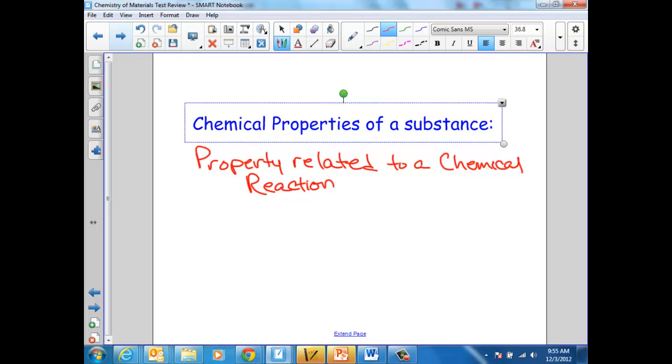So what are some chemical properties that we've seen? Reaction to copper chloride. Okay, reaction to copper chloride. A gas forming? Okay, gas forming.